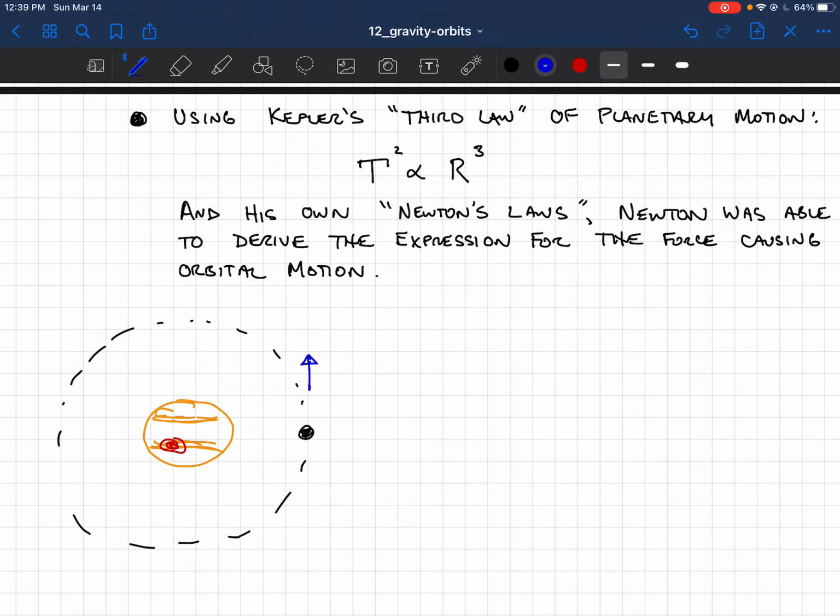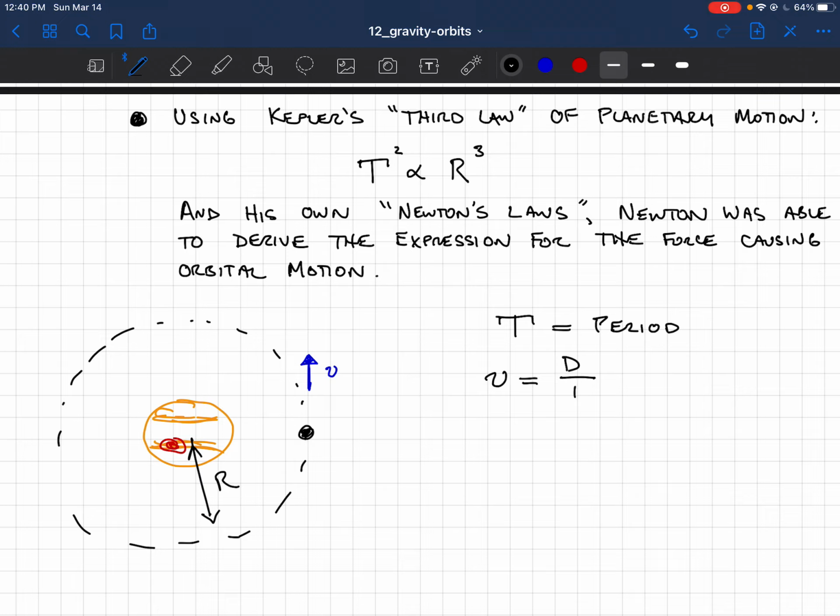And we can say, well, it has some velocity, some speed as it's going around. And Kepler basically just gave us the relationship between the amount of time that went by. So what is that? Well, that's the period. And the period should be related to that speed and to the radius of its orbit.